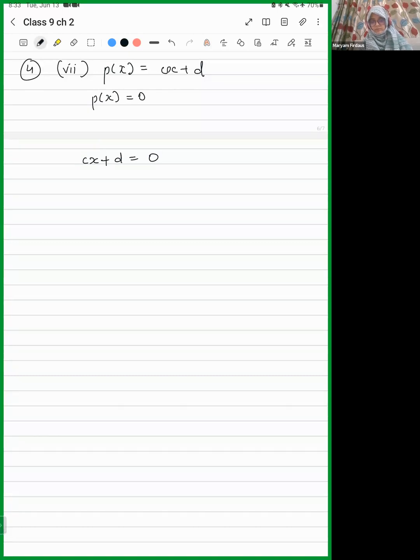Ma'am, we take d to the other side, then it becomes minus d. cx equals minus d. Then what happens? Ma'am, we take c to the other side. Then what does it become? Minus d by c. So this is the root or zero of that polynomial. Have you understood?